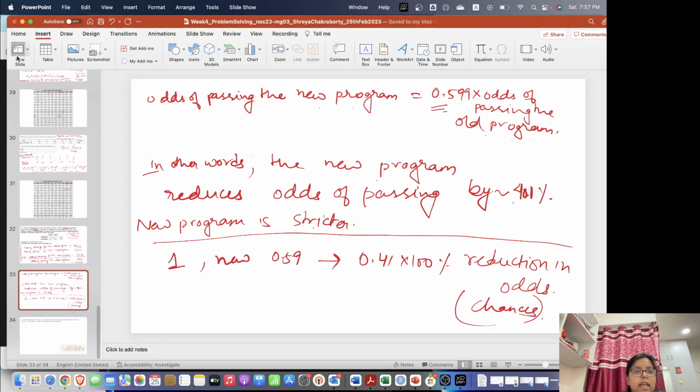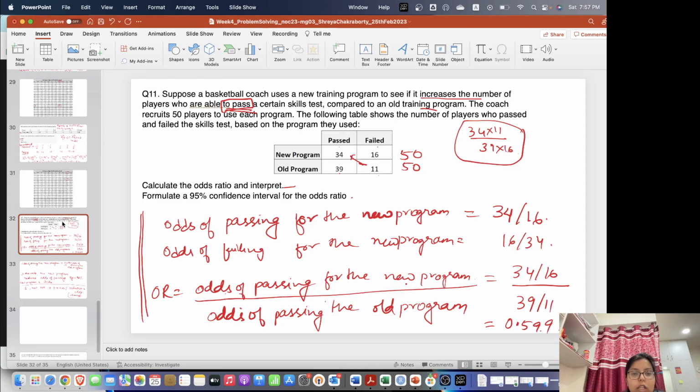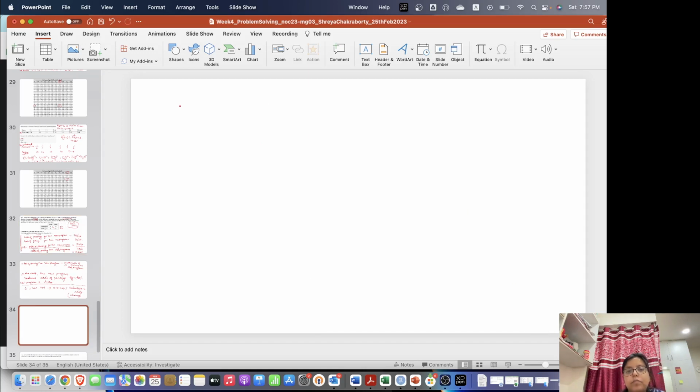And finally, what have they asked? They have asked to formulate a 95% confidence interval for the odds ratio. To find this out, first we have to find the log of the odds ratio. So here, log of 0.599.